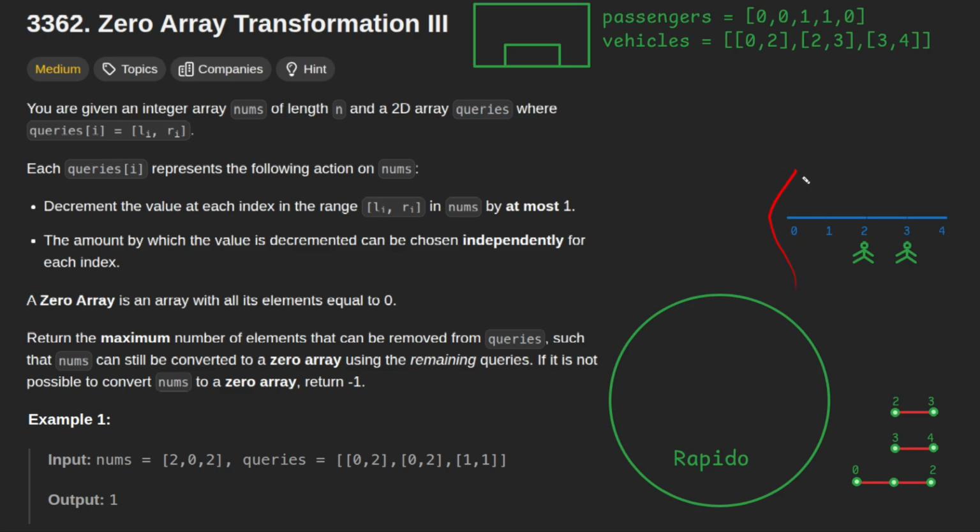Is there any vehicle who is interested to go to sector 0? And yes, we found a vehicle who is interested to go to 2. So this is what Rapido does too. Rapido says, hey, any captain who is interested in going to sector 0? One captain appears that yes, I am going from sector 0 to sector 2.